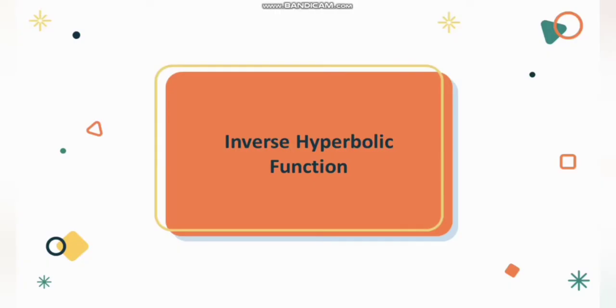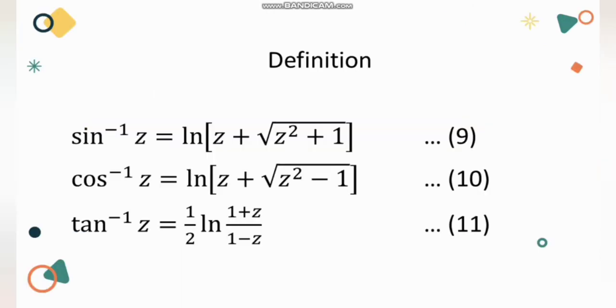We will discuss the inverse hyperbolic functions. The first one is the definition of the inverse hyperbolic functions. There are three definitions: the definition for sinh, the definition for cosh, and the last is the definition for tanh. For sinh, sinh inverse z equals ln of z plus square root of z squared plus 1.